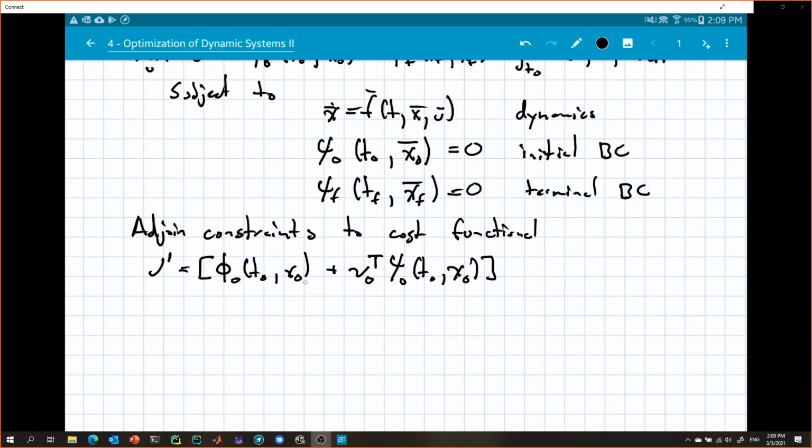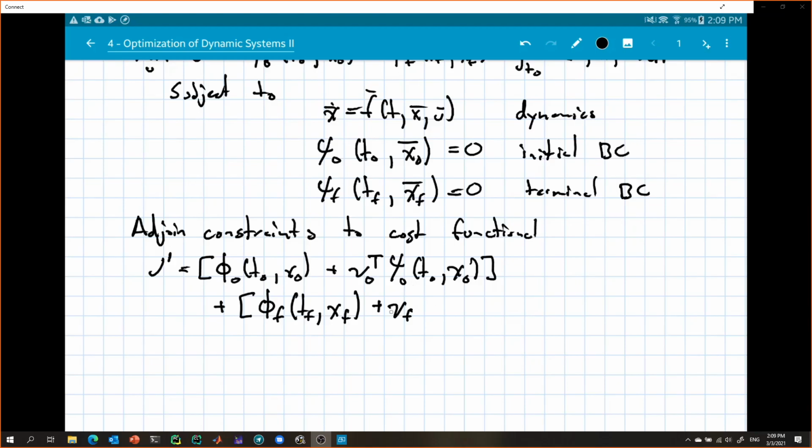Okay, and then likewise we do the same on the terminal constraint. So we have the terminal cost, phi F, and here I'm dropping the bars. Just assume everything's a vector, unless it's time; I think everyone knows what's a vector and what's not.